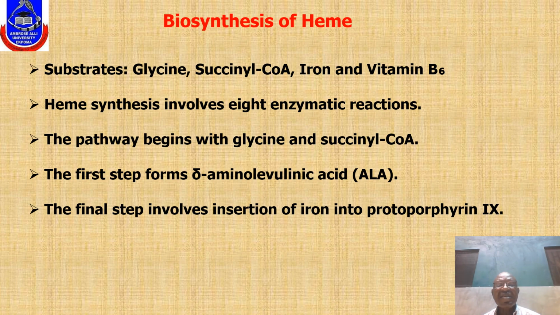Heme synthesis involves 8 enzymatic reactions, wherein the pathway begins with glycine and succinyl-CoA. The first step is delta-aminolevulinic acid, which is called ALA in short. And the final step involves insertion of iron into protoporphyrin 9.